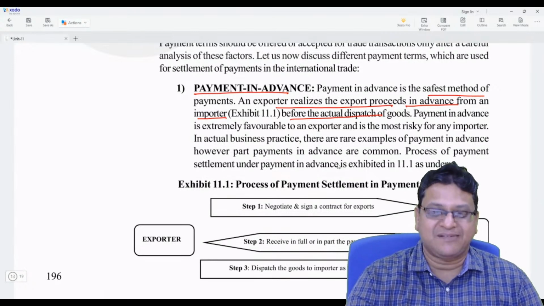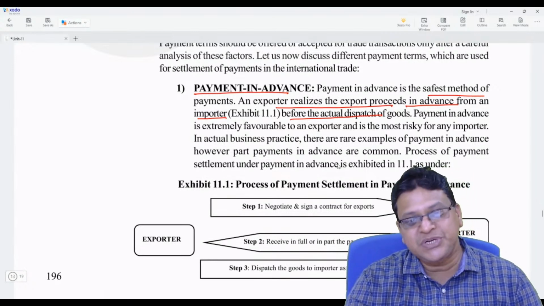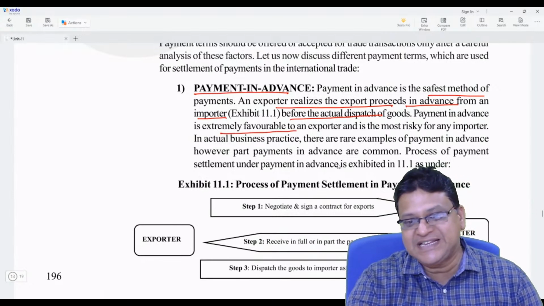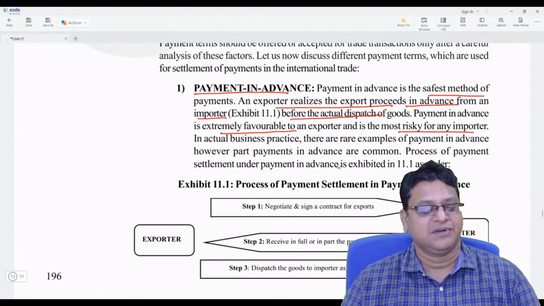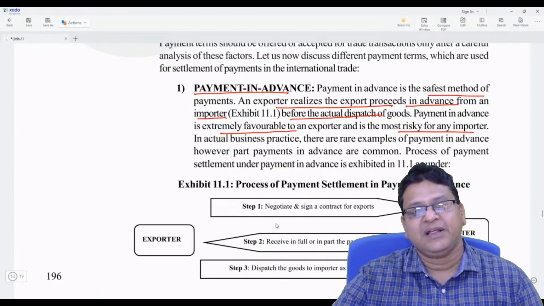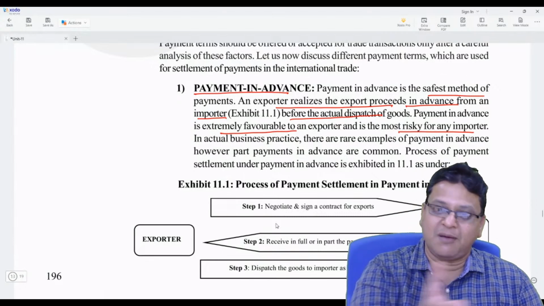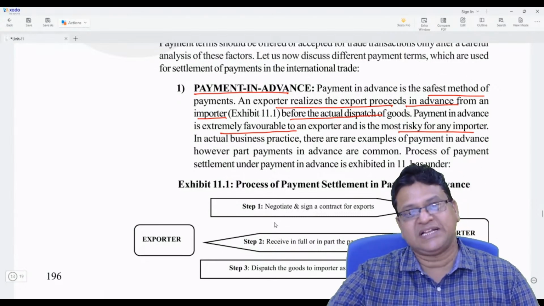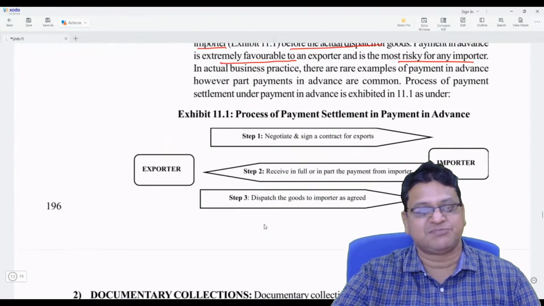So payment in advance is very suitable for the exporter, but very risky for the importer. The importer pays the total amount in advance, then the exporter delivers the goods.